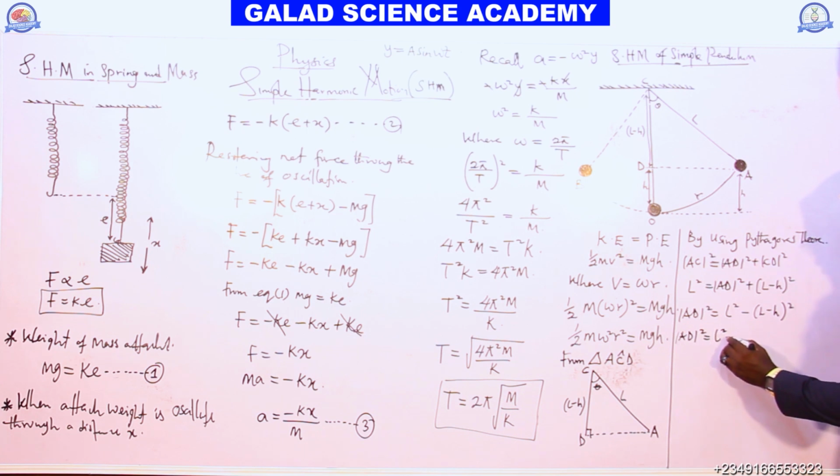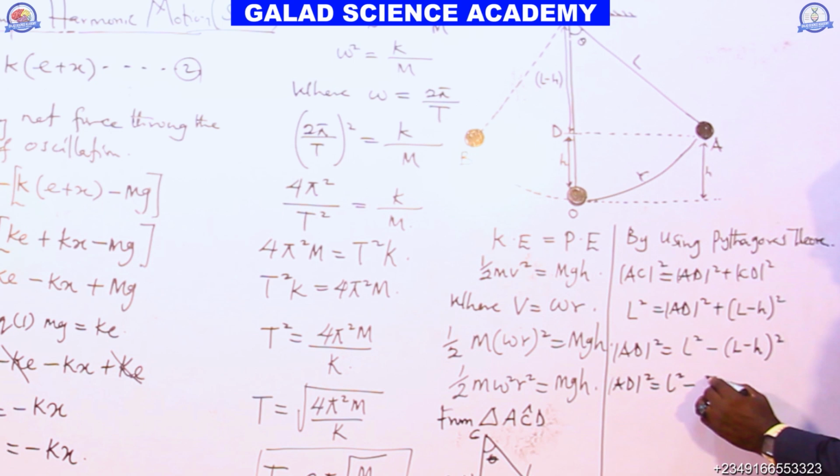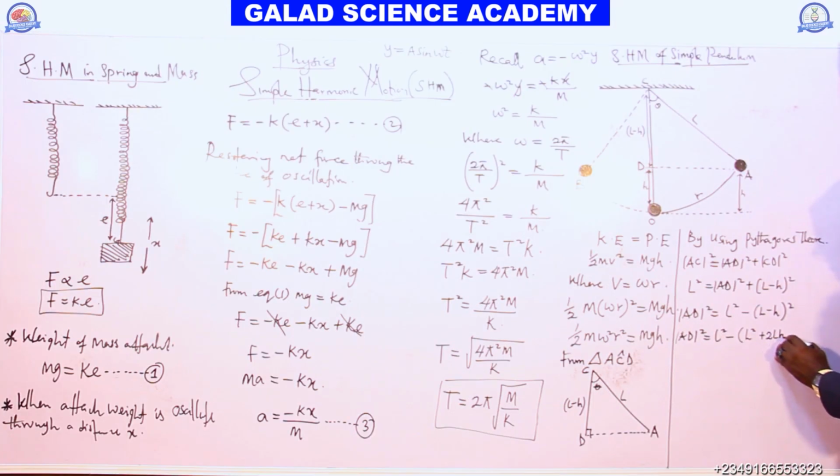The AD square will be equal to L square minus, if you solve this, it will give us L square minus 2LH plus H square.